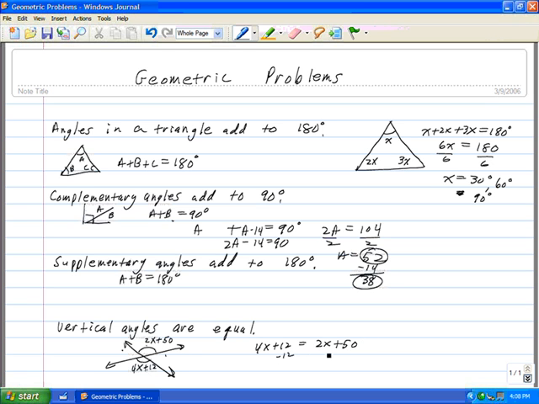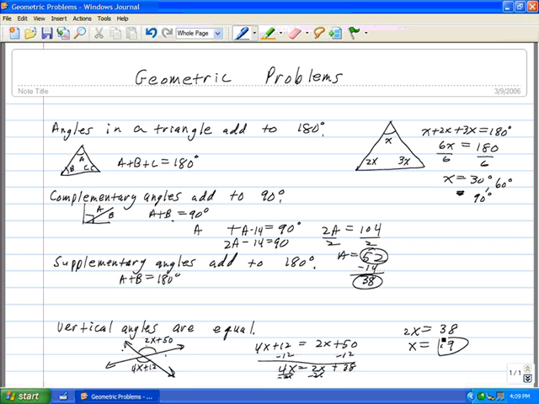I could subtract 12 from both sides to move over the constant. Subtract off the 2x, and I'd have 2x equaling 38. So I would find x to be 19.